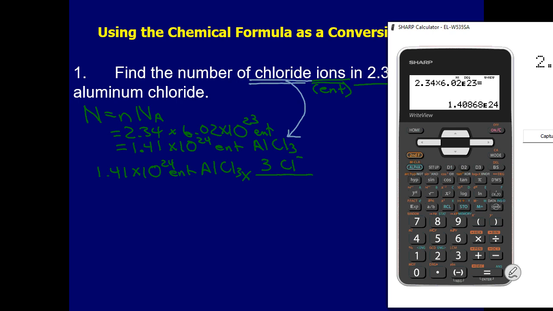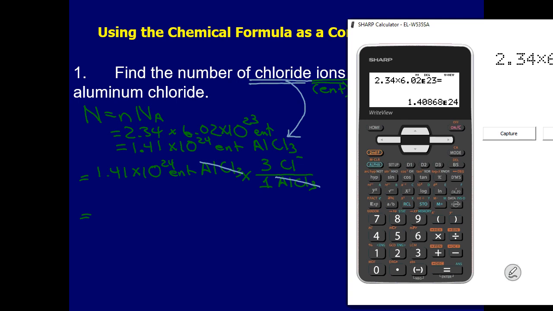And so I like to write this like a fraction: 3 chlorides per 1 aluminum chloride. Notice if I'm canceling things, mathematically speaking, I have an aluminum chloride here and an aluminum chloride there. And so when I do this calculation, I'm simply going to multiply the 1.41 times 10 to the 24 by 3, and I've determined the number of chlorides.